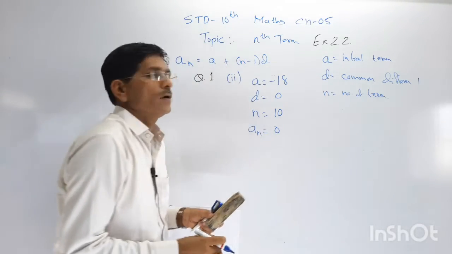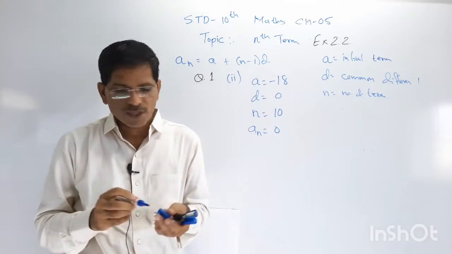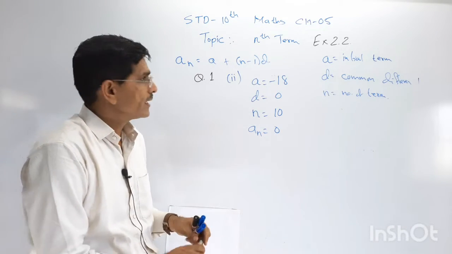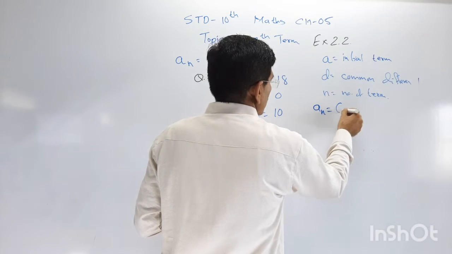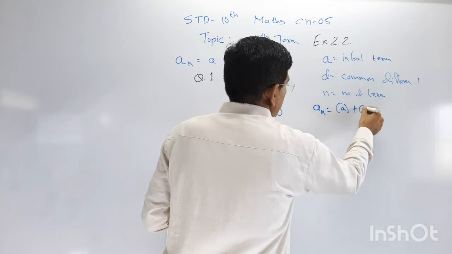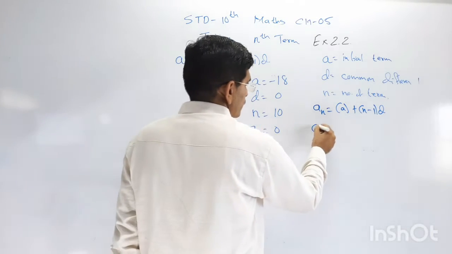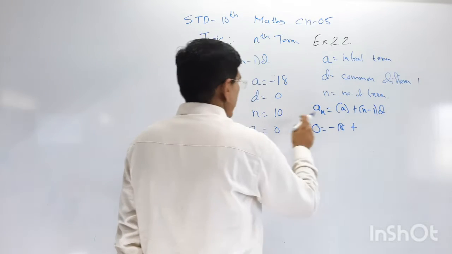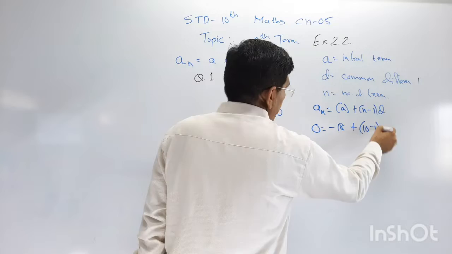Now by using this formula I have to find out the 3 values. an is equal to a plus (n minus 1)d. an is 0, a is minus 18 and n is 10. So 10 minus 1 and d.